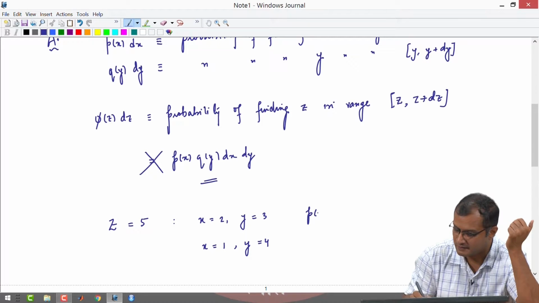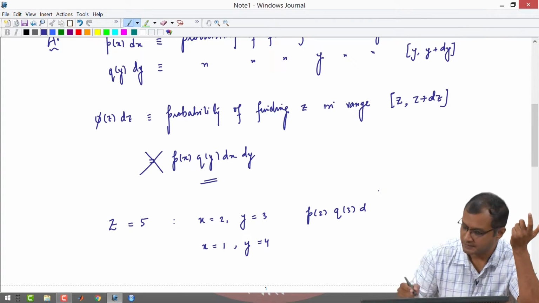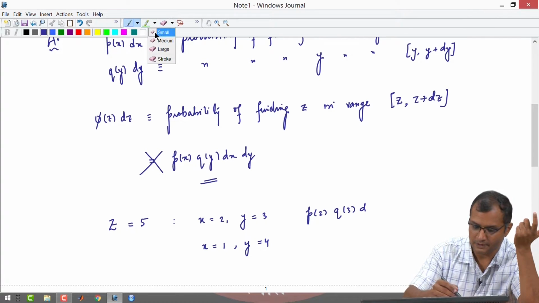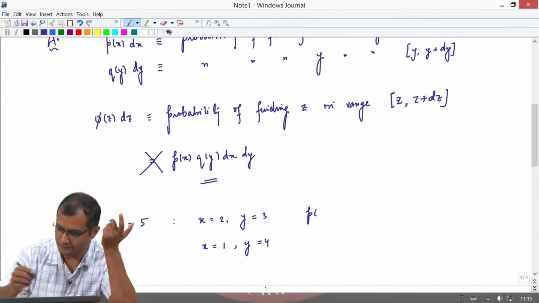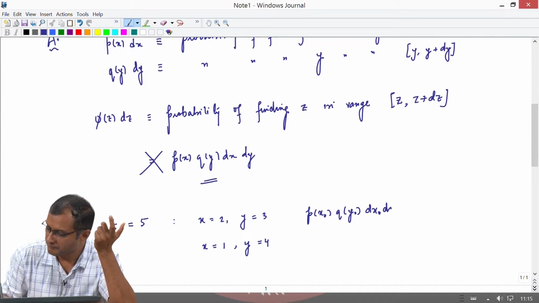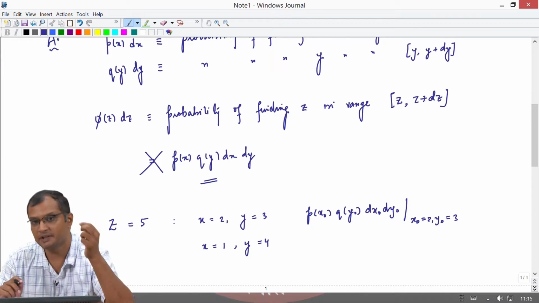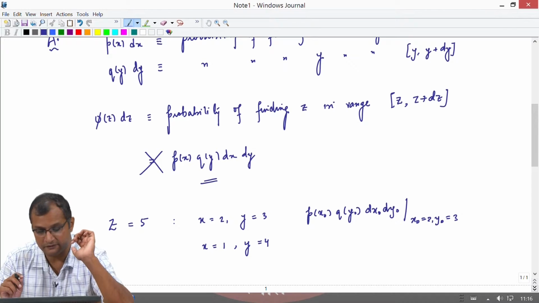So, if I take p of 2, which is the distribution of x, and q of 3, well, this would give me the joint probability of getting x in the neighborhood of 2 and y in the neighborhood of 3, which will give me the sum as 5 in the neighborhood of 5.